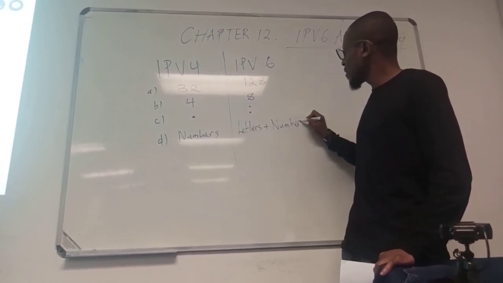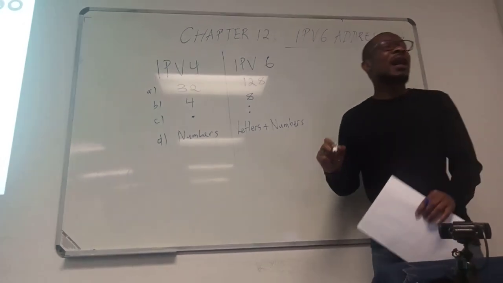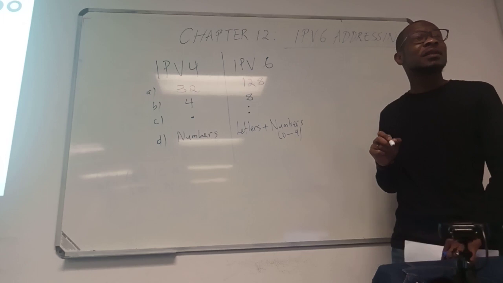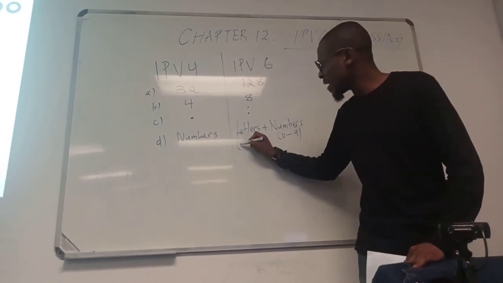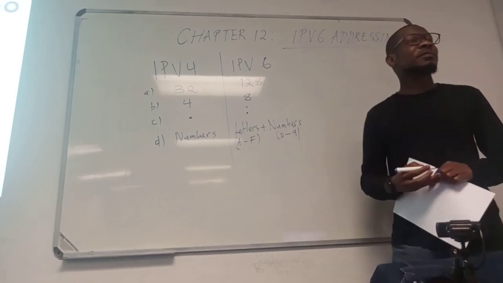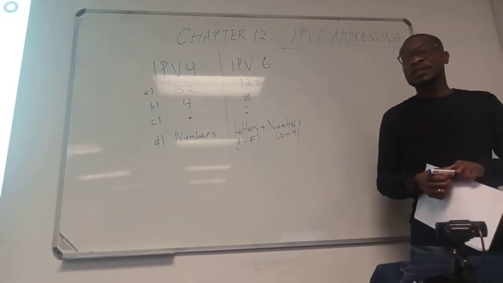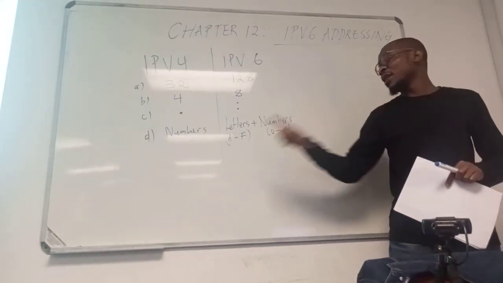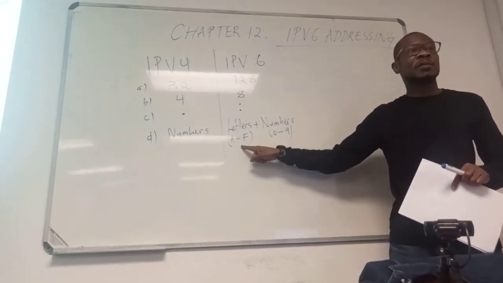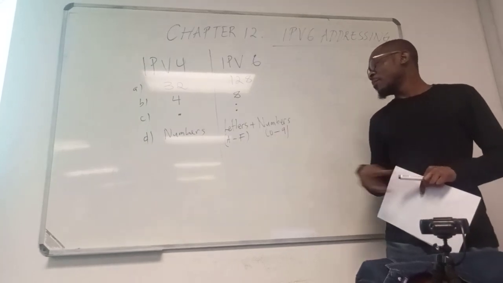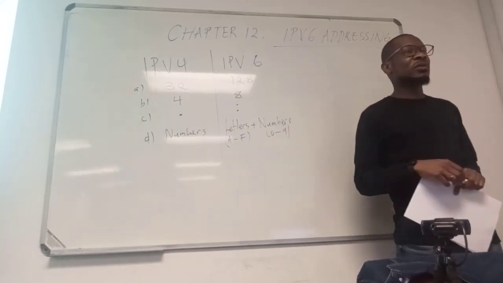So those numbers are going from 0 to 9. Letters are going from A to F. Did you understand? So the letters can only be between A and F, and numbers 0 to 9.